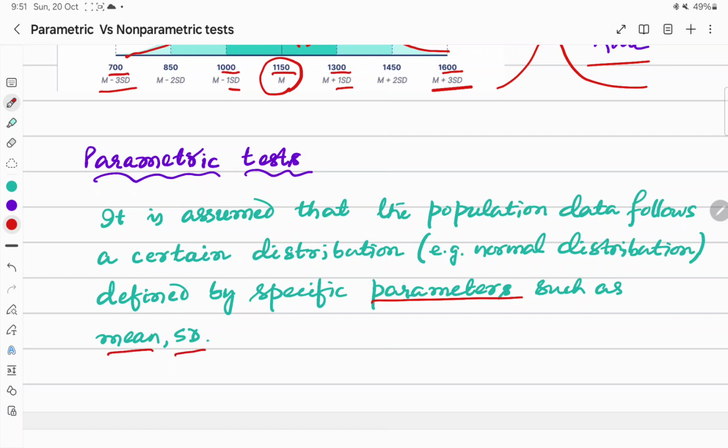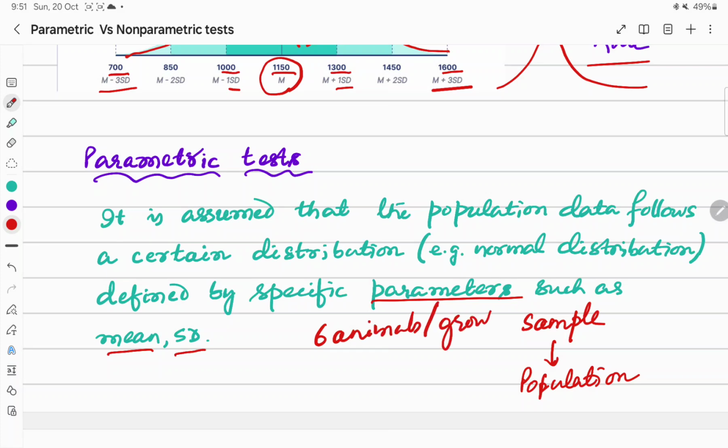So usually we assume that the sample we take from a population represents the whole population. Suppose in animal experiments we take only 6 animals per group, and suppose there are 5 groups.